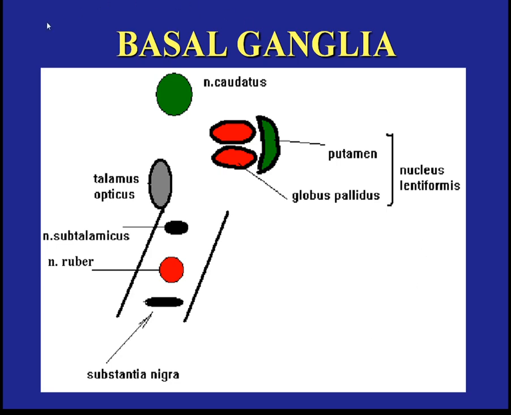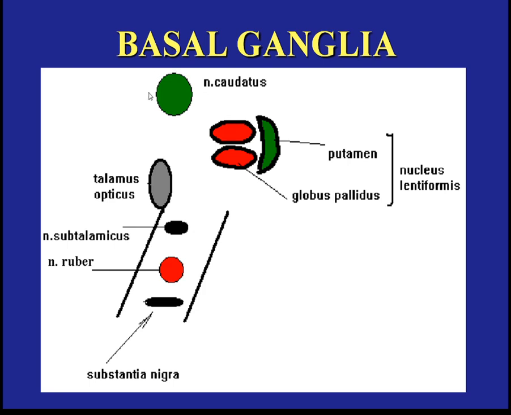This is part of our scheme where we show the main central nervous system structures. This is the level of thalamus opticus, diencephalon, and at midbrain level you can see the cerebral peduncle. So just around the thalamus opticus, the main basal ganglia are located.